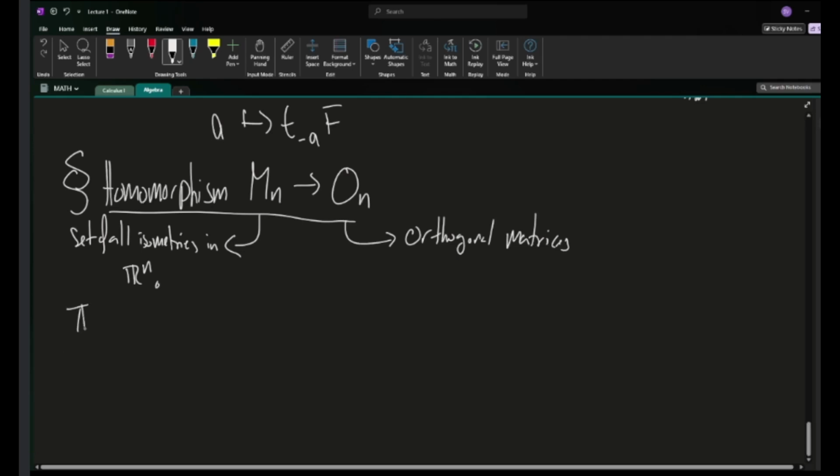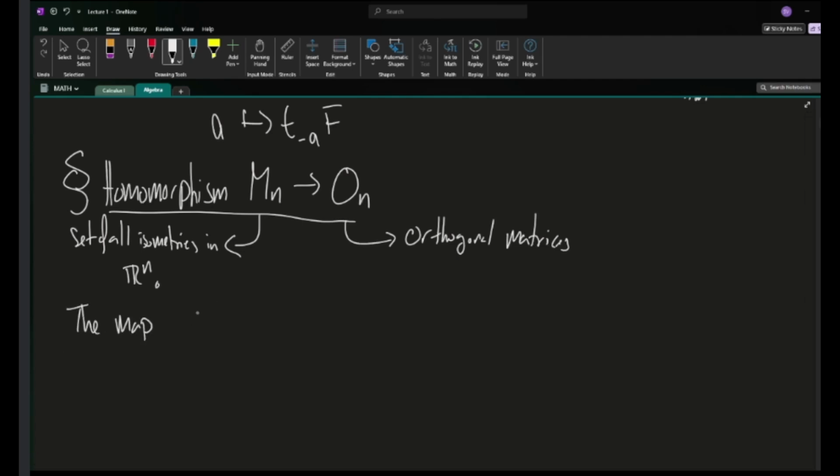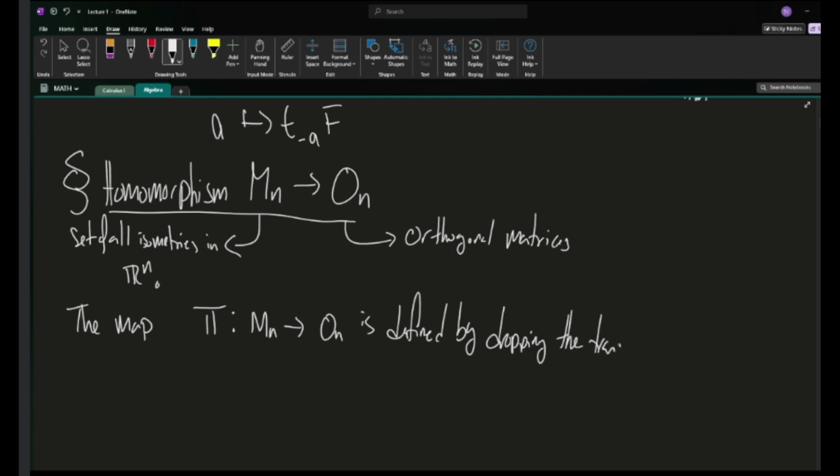So the map pi, which is from M_n to O_n, is defined by dropping the translations of an isometry.